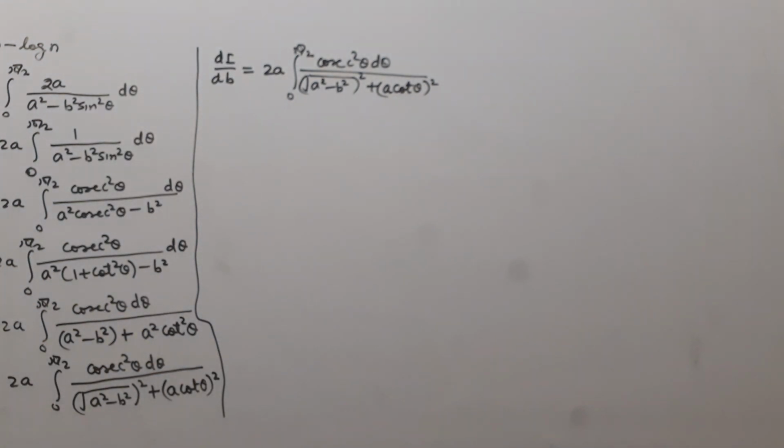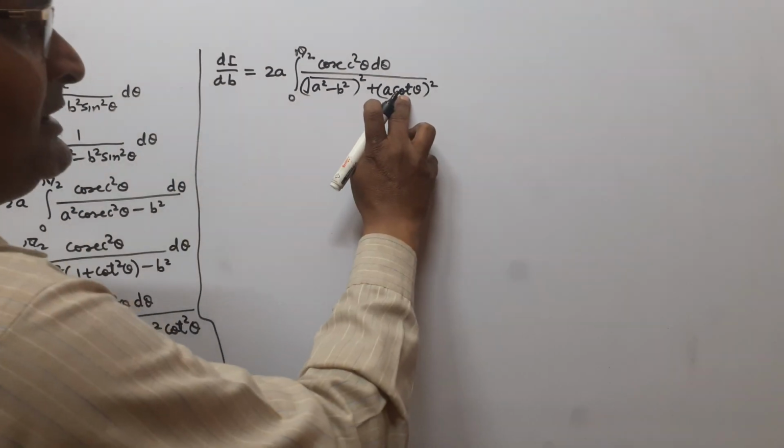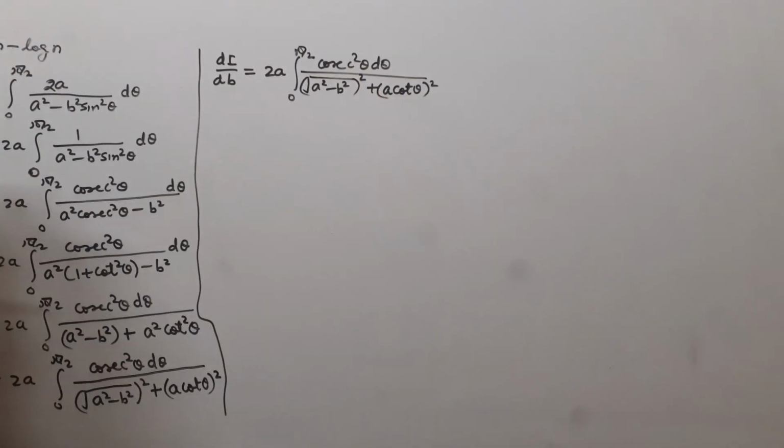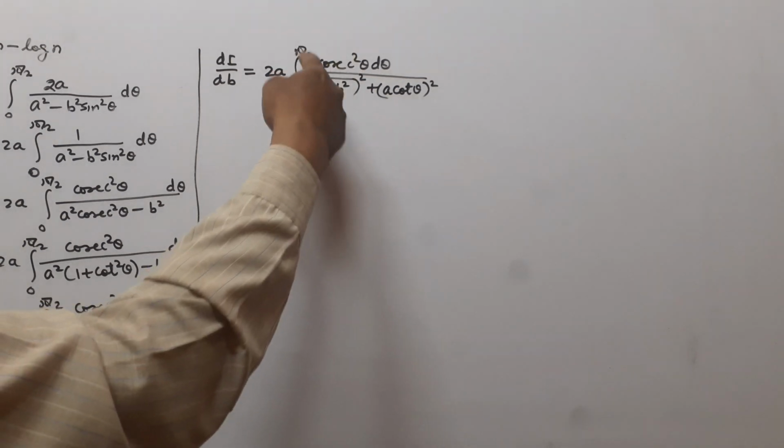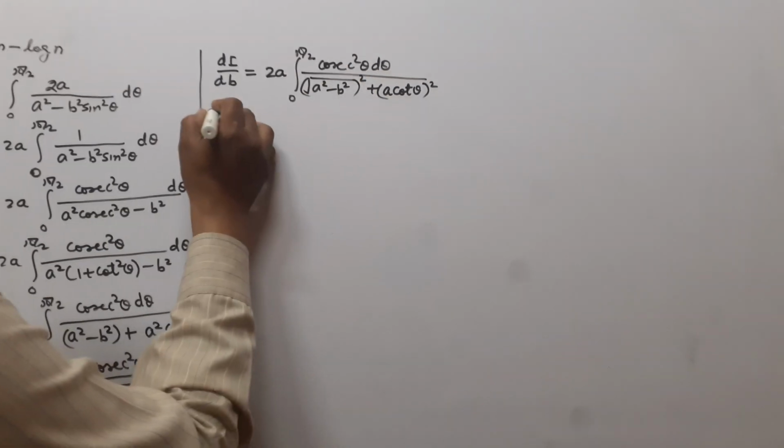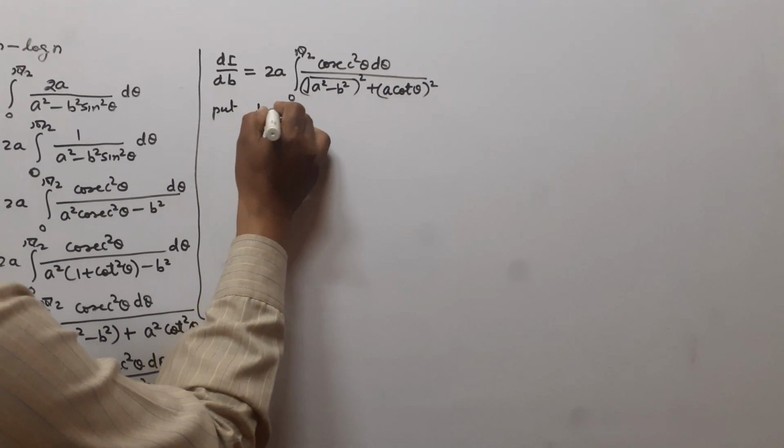Now we put here a cot theta is equal to t because we know that differentiation of cot theta is equal to minus cosec square theta, and cosec square theta is present here, so we put t is equal to a cot theta.